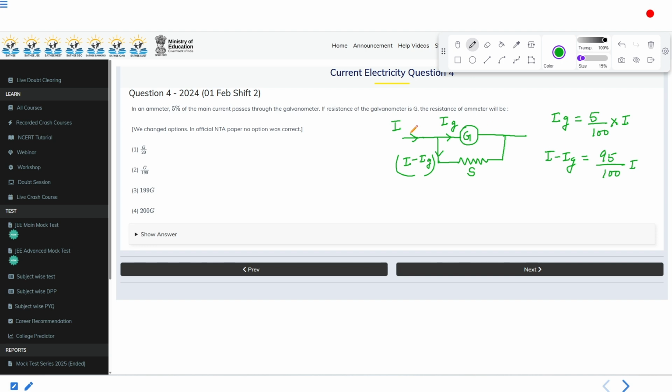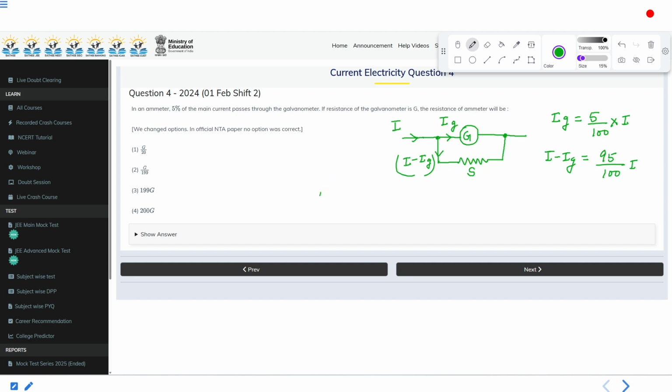Okay, so now we have to find G. What is the resistance of the ammeter? Total resistance of the ammeter. So firstly we have to find this S in terms of G, because the answer is in terms of G. Now since both shunt and galvanometer are connected between the same points, the potential difference across both the galvanometer and the shunt resistance is the same.